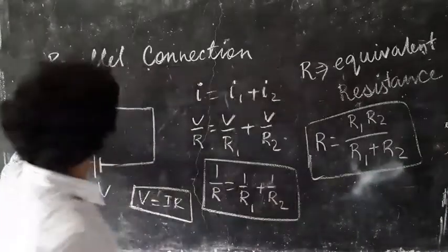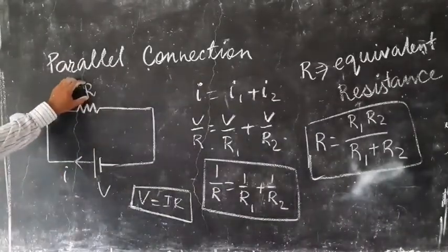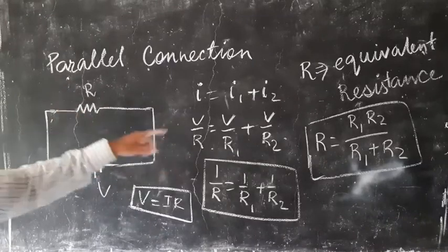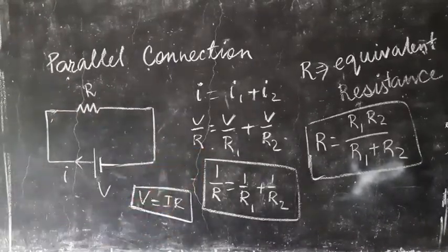So R is the equivalent resistance of the previous circuit diagram, where R is given by R1 R2 by R1 plus R2.